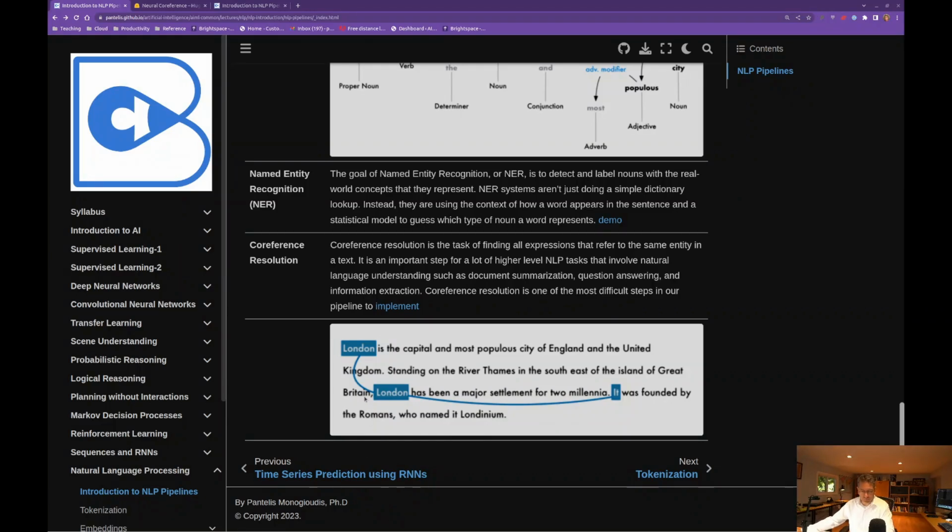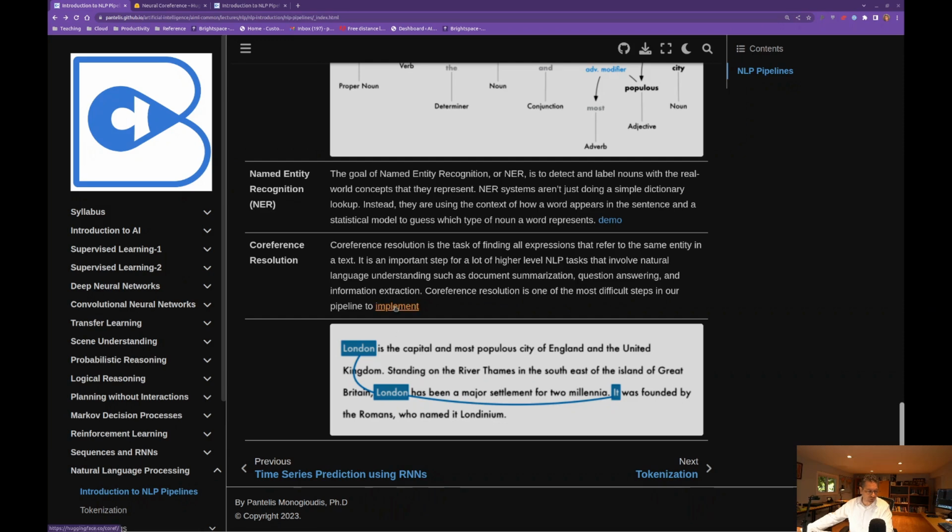Humans are actually very capable of establishing some form of relationship between, let's say, "it" and "London", but in coreference resolution, evidently, that relationship has to be predicted by an algorithm, a neural architecture.